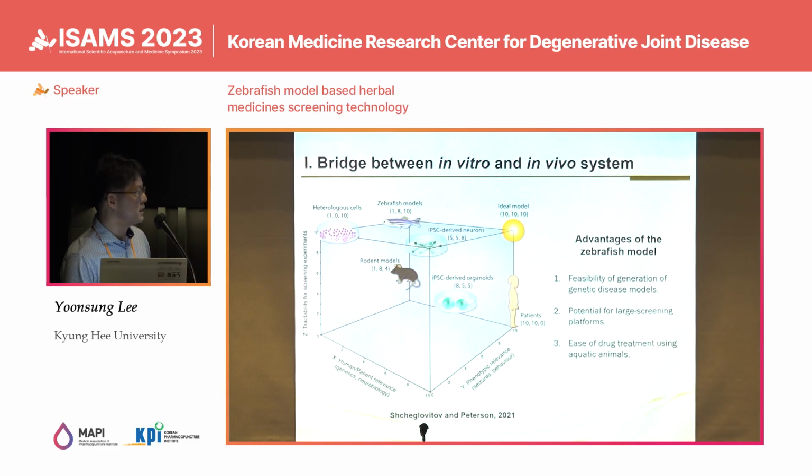These advantages can be summarized as the feasibility of generating genetic models of disease, and also the potential for a larger screening platform. And drug treatment is very practical using these aquatic animals, through immersion in each drug candidate to see its effect.